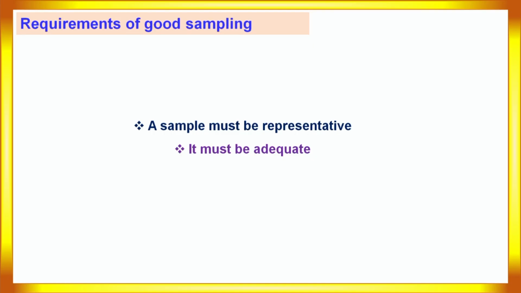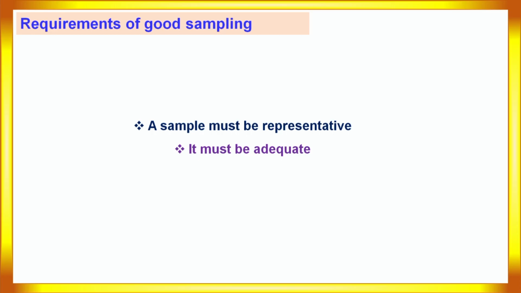At the end of this lecture on the use of sampling methods, one important thing the student must remember is the requirement for a good sample. A good sample requires only two basic elements. The first is that the sample must be representative.